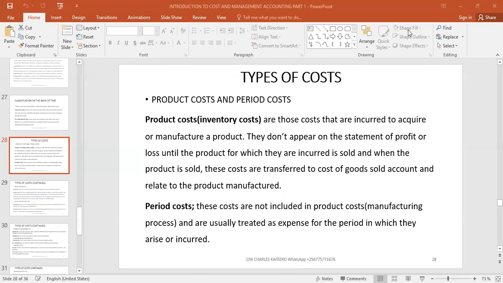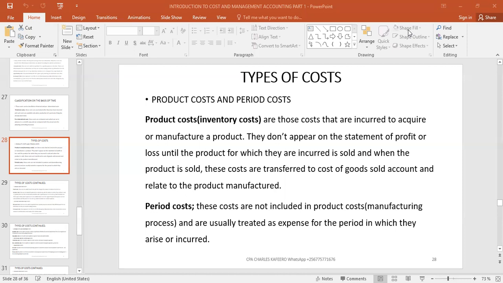Allow me to go to the periodic costs. These are costs which are not included in the product cost, or they are not incurred in the production, or they are not part of the goods produced, or they are not incurred in the production of the goods and services.